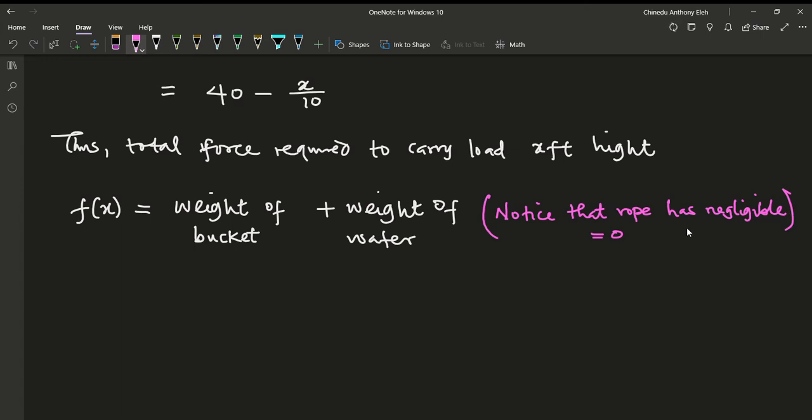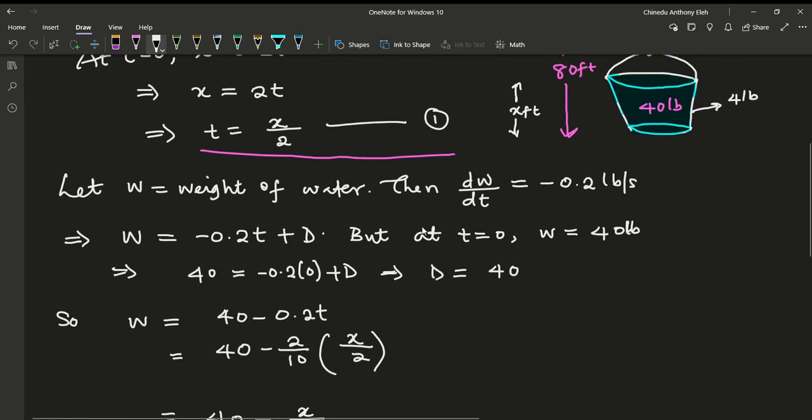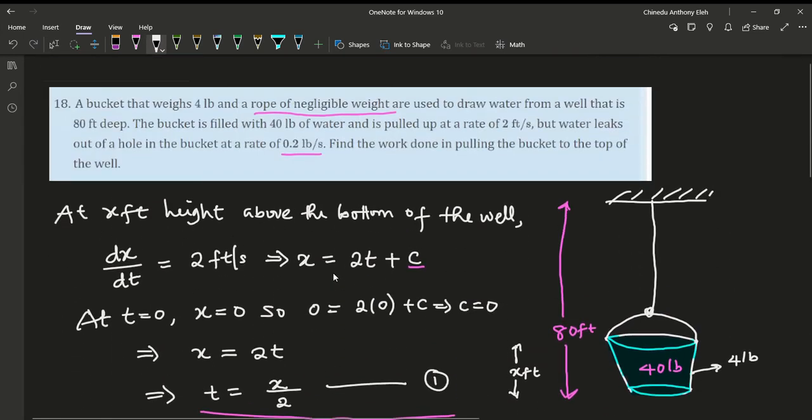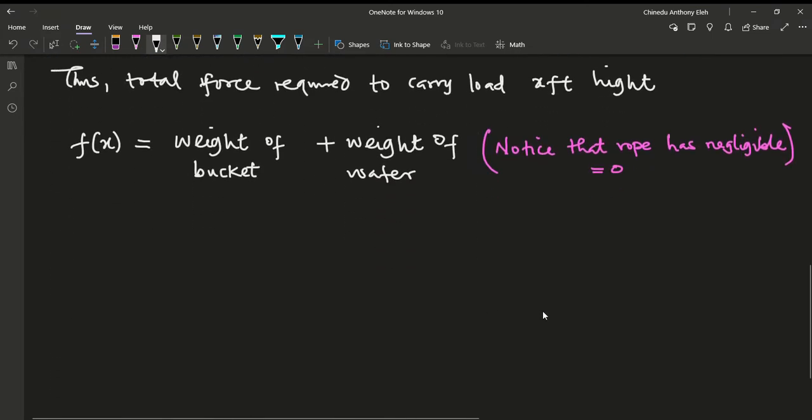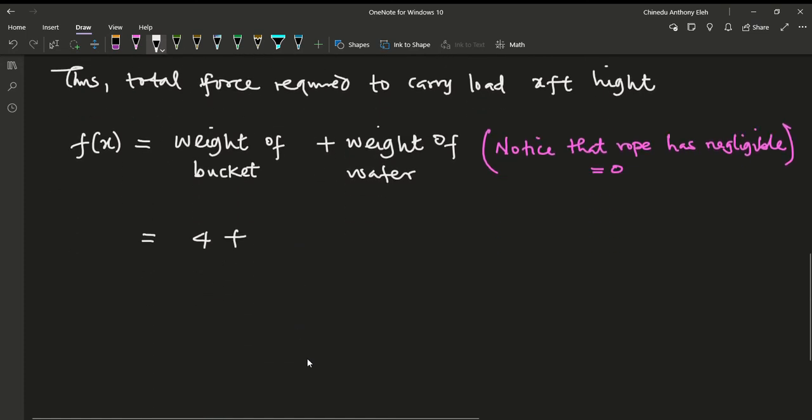You can approximate it by 0. So indeed, the force required to pull this up is equivalent to the weight of the bucket plus the weight of water. Now we've gotten the weight of water, and we're told that the weight of the bucket is 4 pounds. So this force is actually 4 plus 40 minus x over 10, and everything equals 44 minus x over 10.